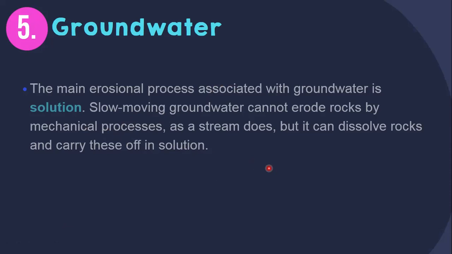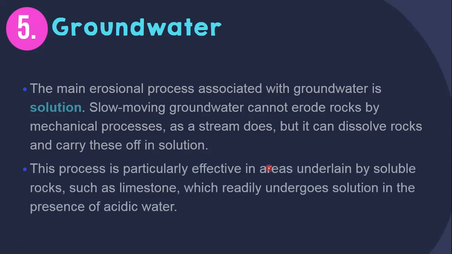So that is still considered as an erosion process. This process is particularly effective in areas underlain by soluble rocks, such as your limestone, which readily undergoes solution in the presence of acidic water.